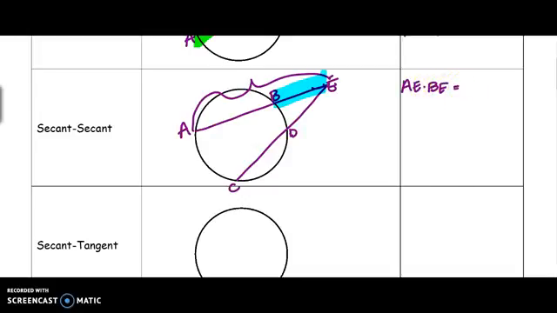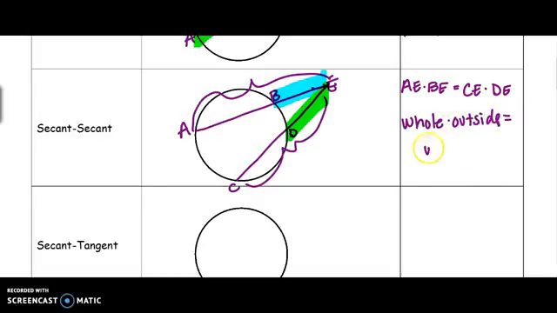And you would set that equal to the whole of the second secant, CE, times the outside piece of that secant, DE. So this one would be whole times the outside equals whole of your second secant times the outside piece.